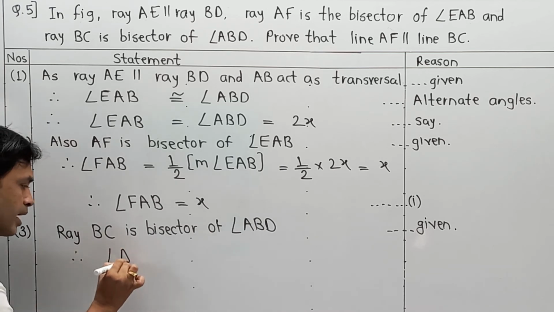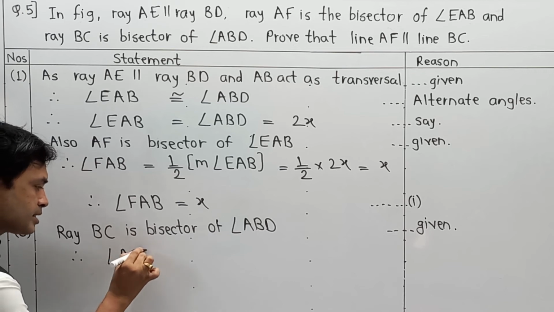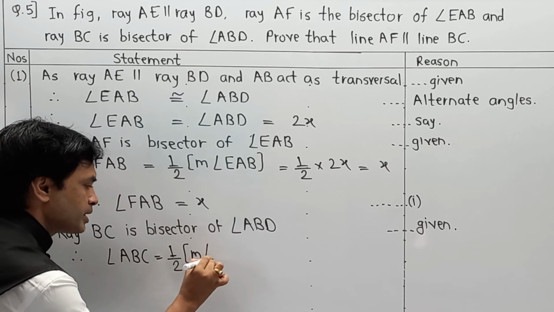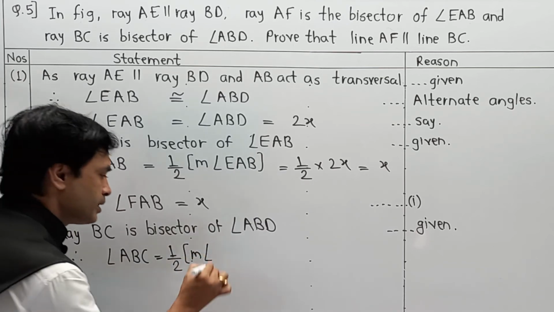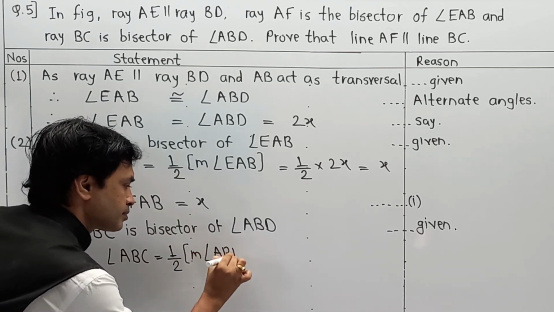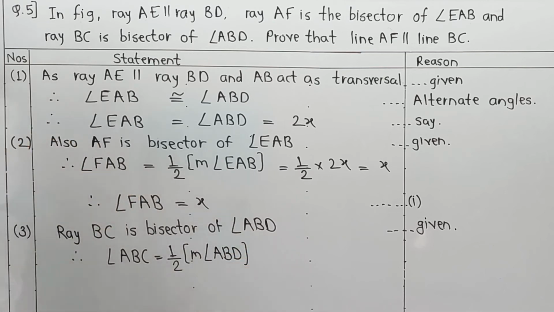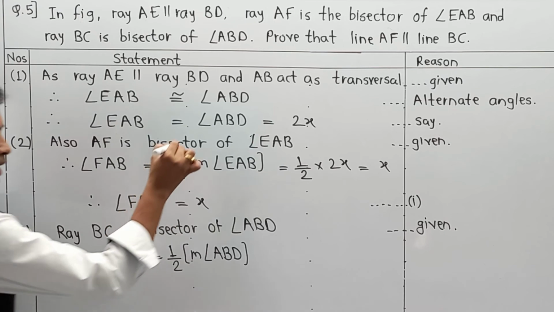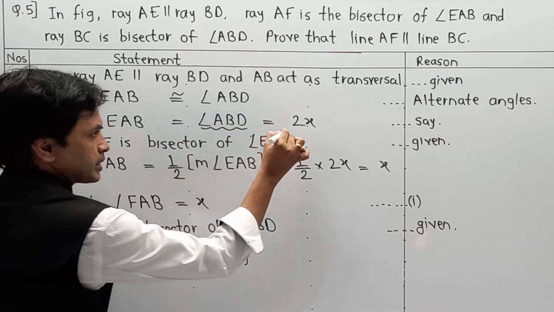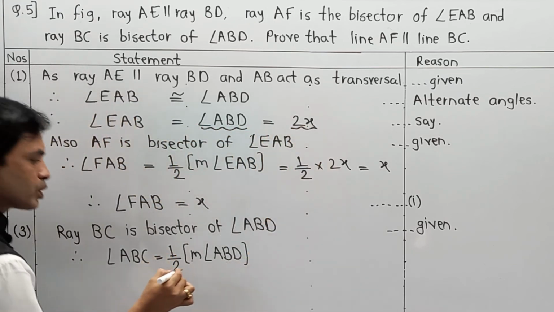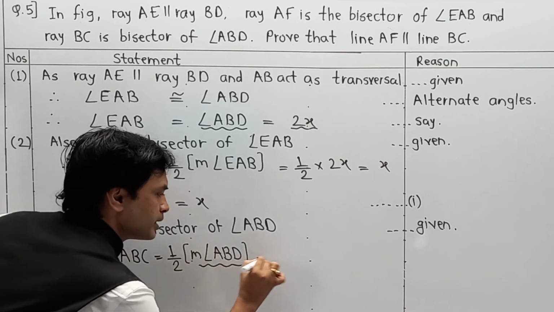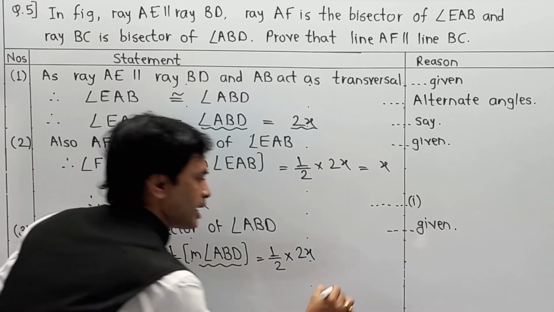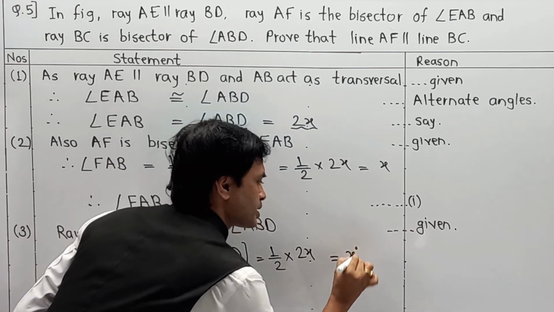Therefore, angle ABC is half of the measure of angle ABD. Again, the value of angle ABD is 2x, so half into 2x simply becomes x, or x degrees.